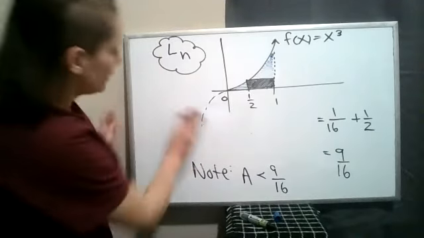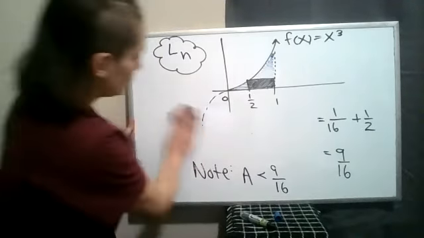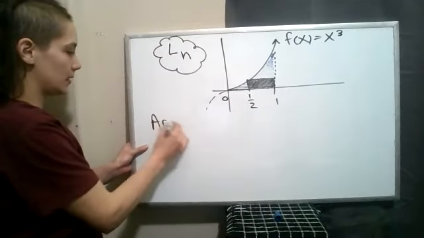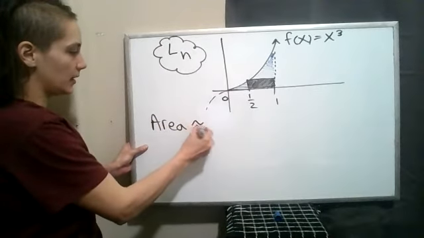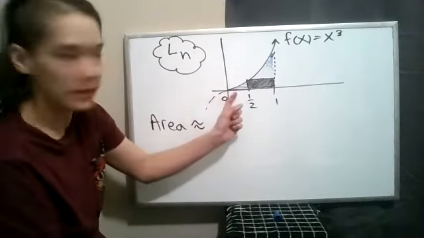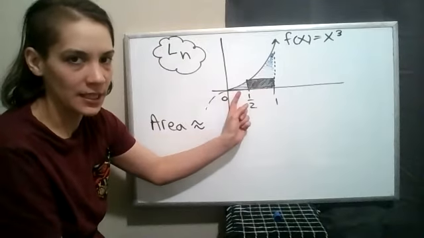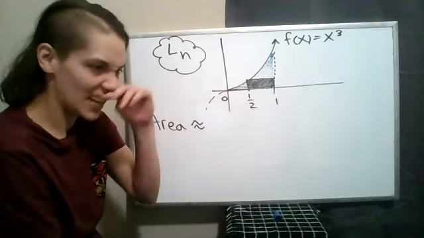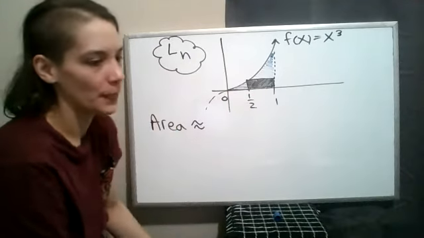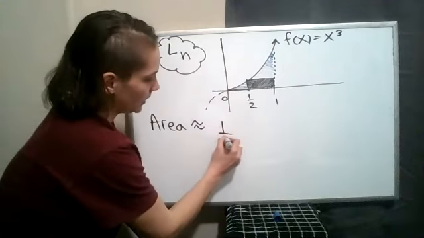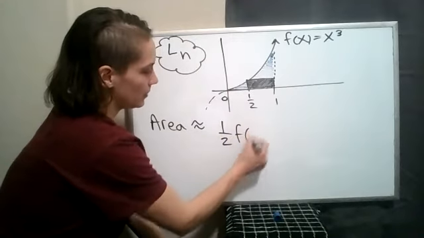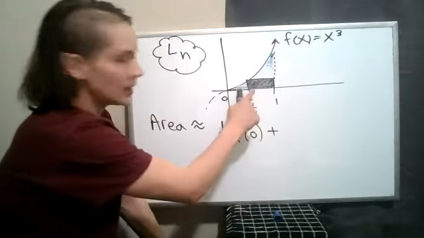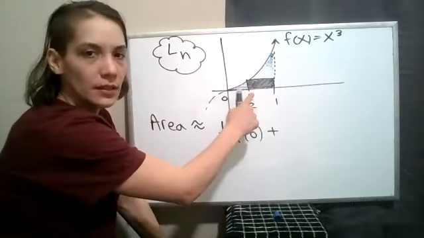Okay, this time, area is approximately the sum of the two rectangles, which this is like an invisible rectangle, so it has a height of 0. We take width 1/2 times height f of 0. Add the other rectangle, width 1/2, height f of 1/2.